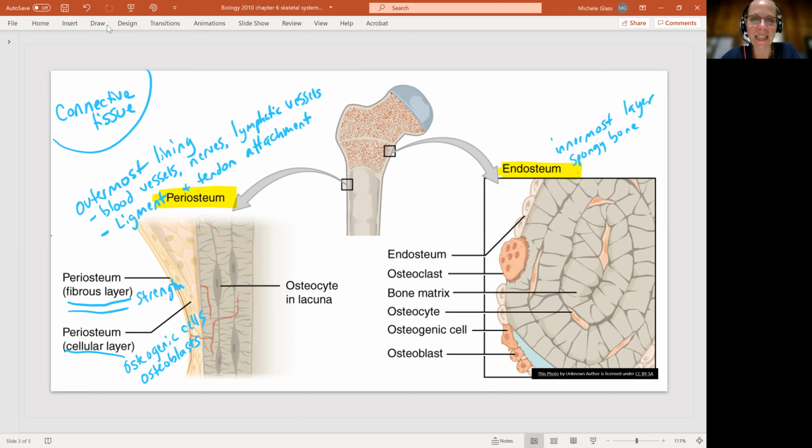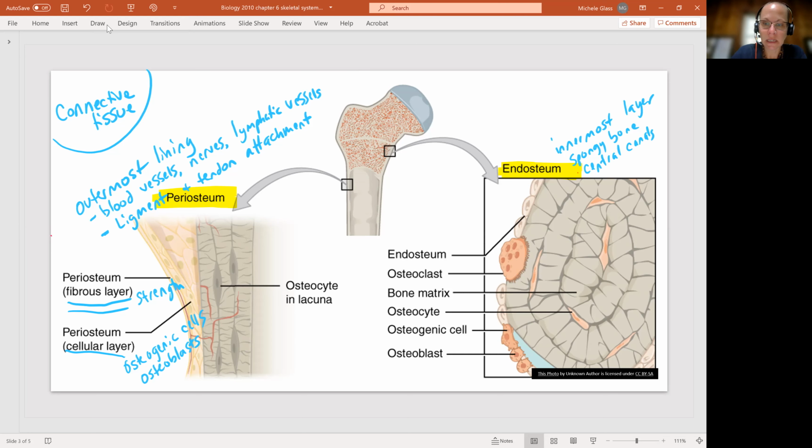This is how it got its name. And so all of those extensions of bone will be wrapped in endosteum. Any kind of space in compact bone, such as central canals, foramen, canals like we labeled in the skull, all of these openings and passageways will be lined with endosteum as well.